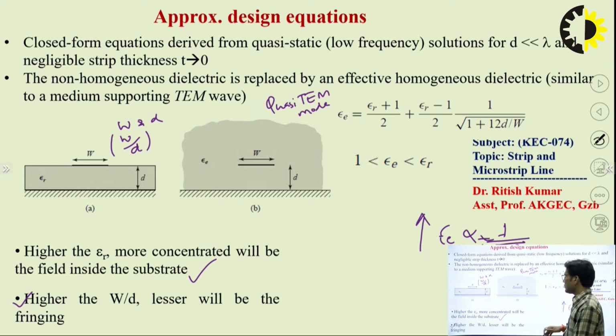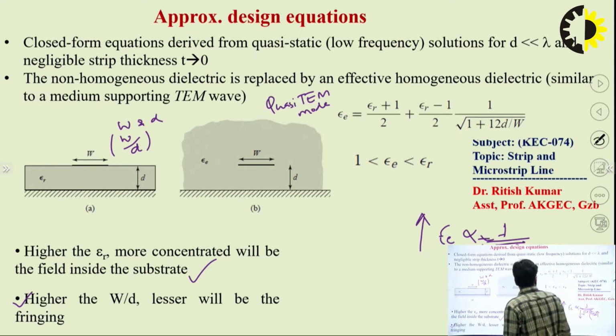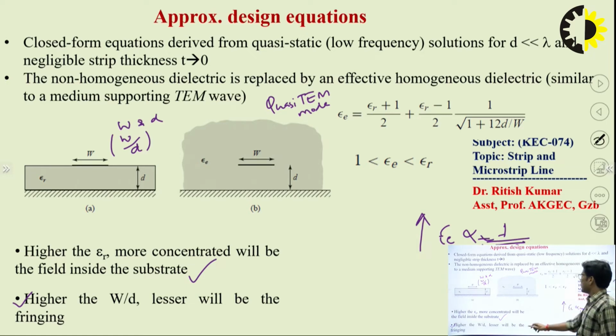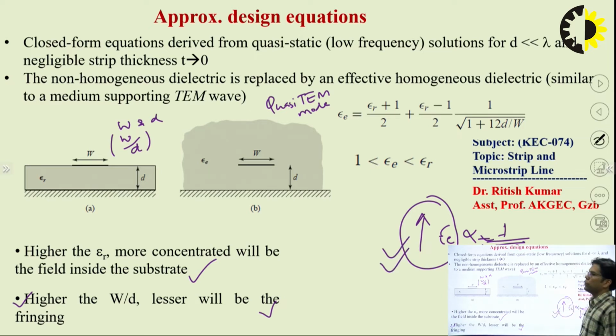The second: the higher the W by D, the lesser the fringing field. This is another condition, because effective relative permittivity increases, and due to this increase, more of the electric field is confined in between, and so we have less fringing effects.